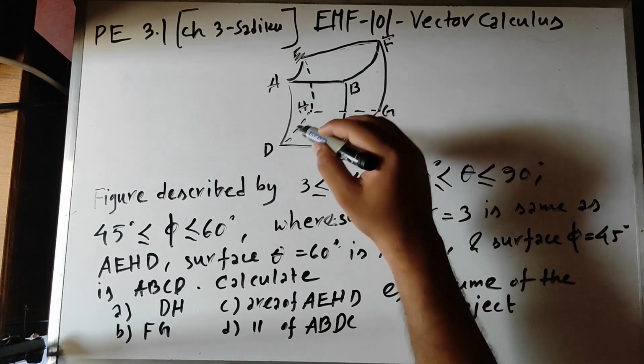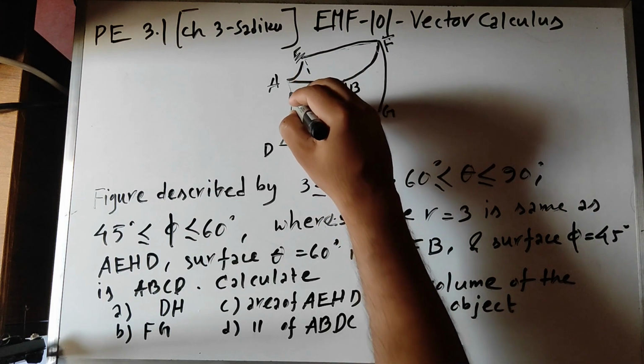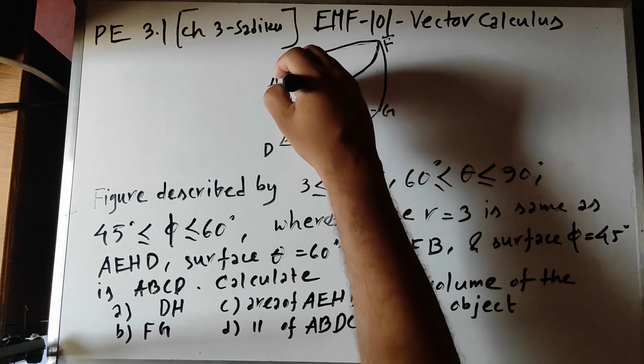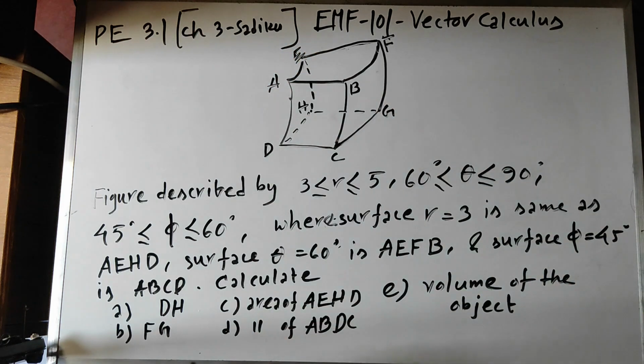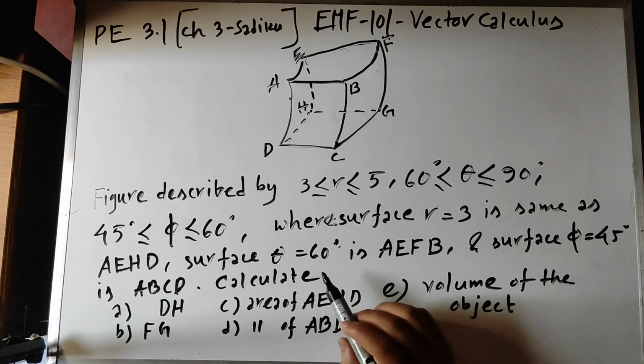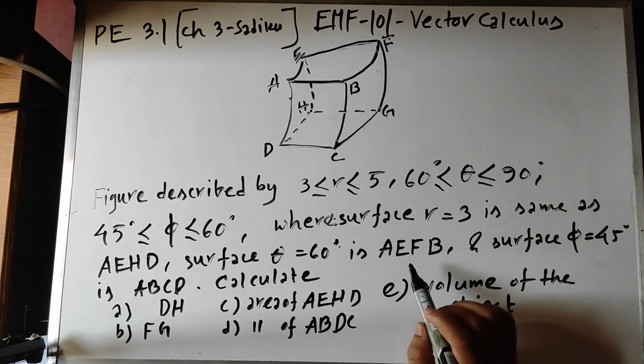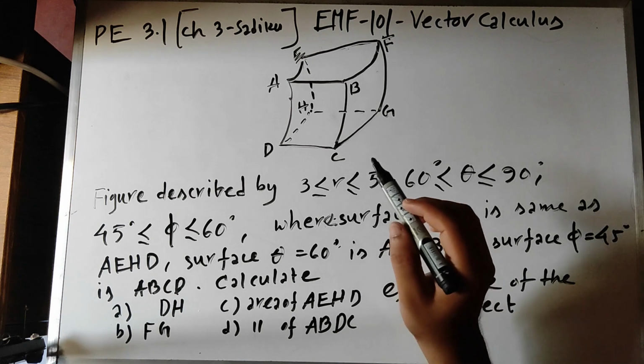AEHD is the surface r equals 3, and surface theta equals 60 is AFB.